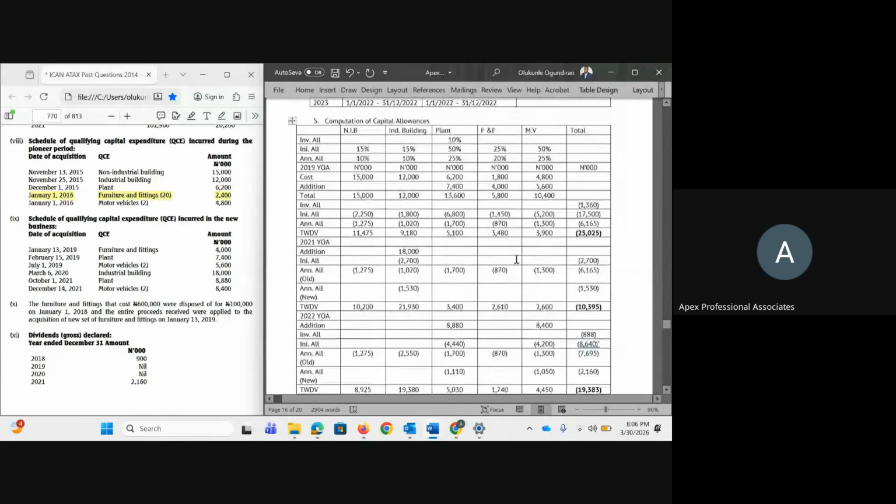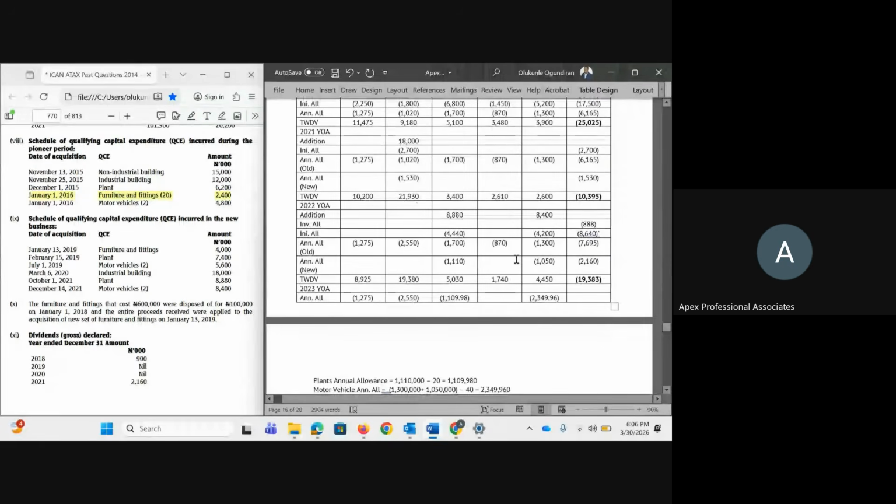So do you have for this furniture and fittings? We've not gotten to the final year. You should have 870. So what's the total allowance?